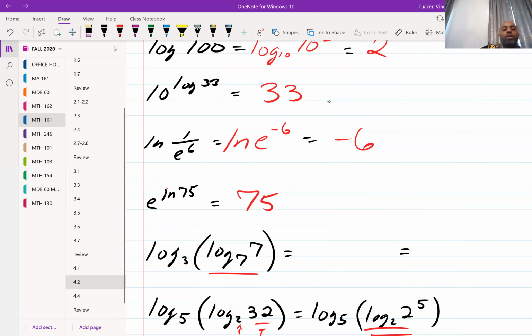All right, so the next one we have log base 3 of log base 7 of 7. So we do what's in the parentheses first. That'll be log base 3 of 1. So log base 7 of 7 will reduce down to 1.